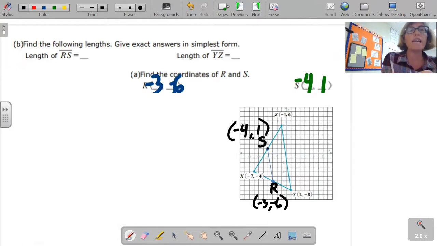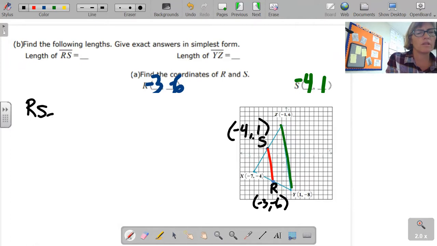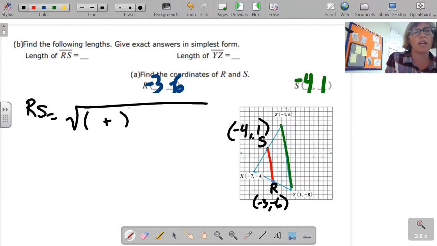It says it wants you to find the following lengths. We want to find RS length, and then we're going to find YZ length. It says exact terms, which means you're going to leave it under the radical sign. You're going to find the distance equation.